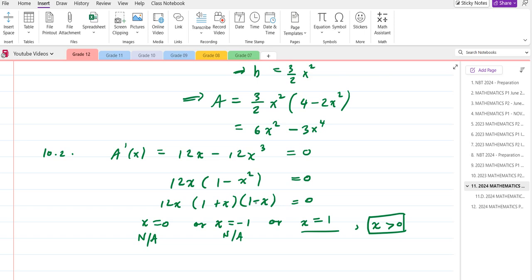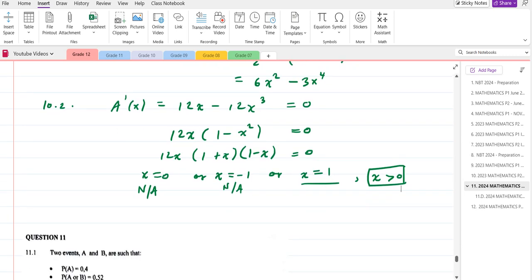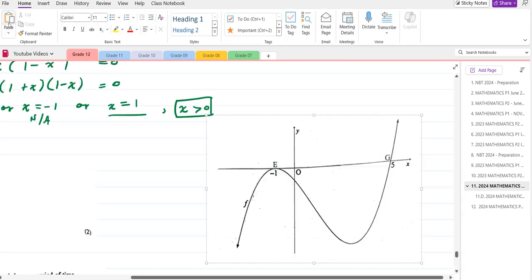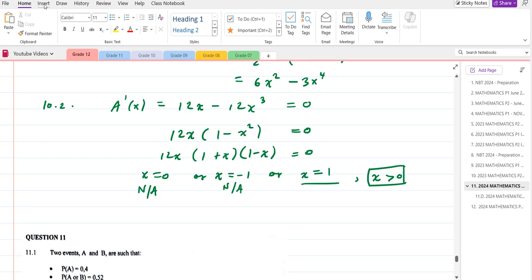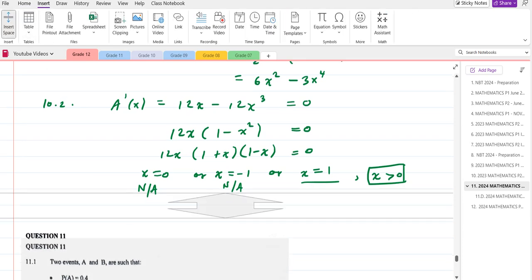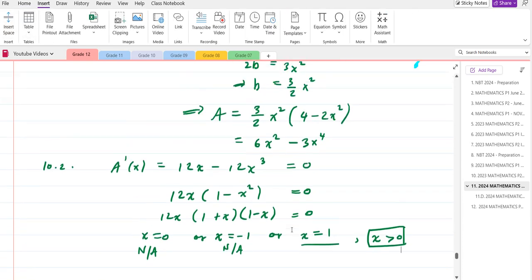No, that's an x to the power 4 function. So it's going to be difficult to analyze, but anyway, at x equal to 1 is a maximum.